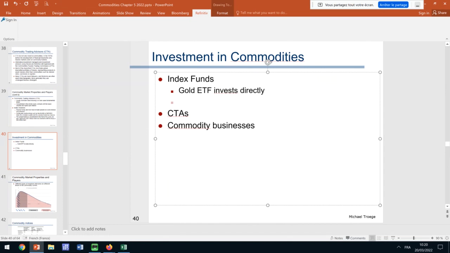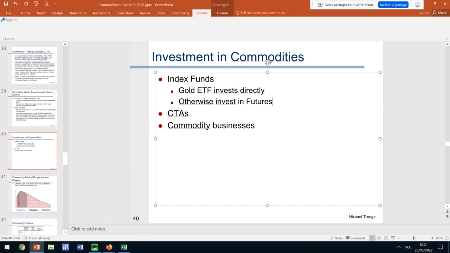Some gold ETFs buy gold futures, but you also have gold ETFs that go to the gold market, take the gold bars, buy them with your money, and put them in the cellar of a bank. But normally the index funds only invest in futures. So that's the index funds.